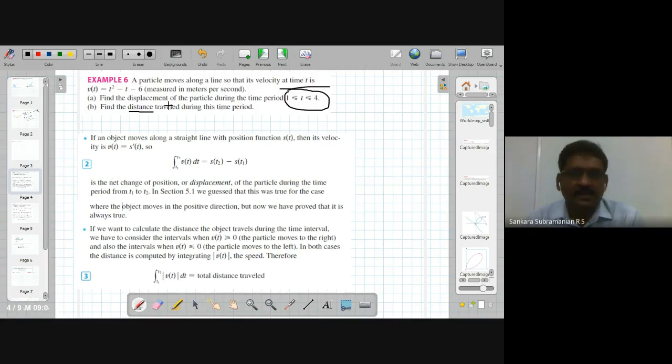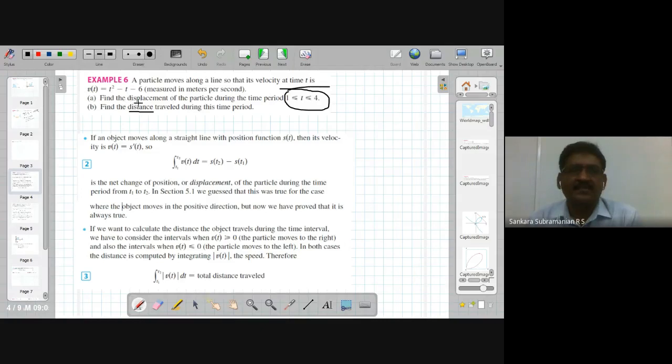So the integral of the velocity over dt, from t1 to t2, will give you the output as the function s of t, because v denotes the velocity function, and if you integrate the velocity, you get the displacement function. So upper limit minus lower limit will get you the displacement of the particle from the starting position to the ending position.